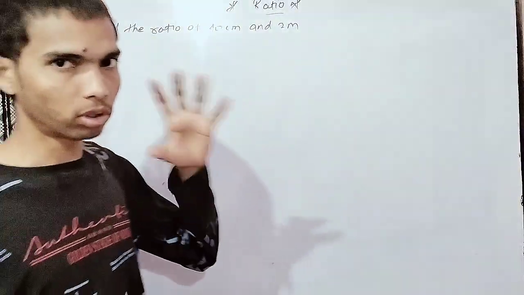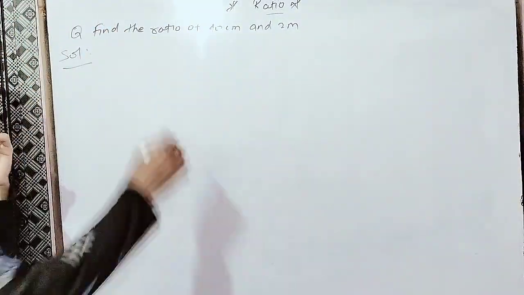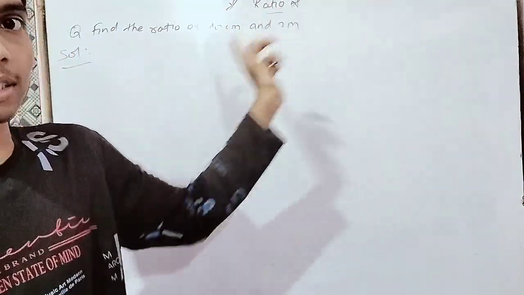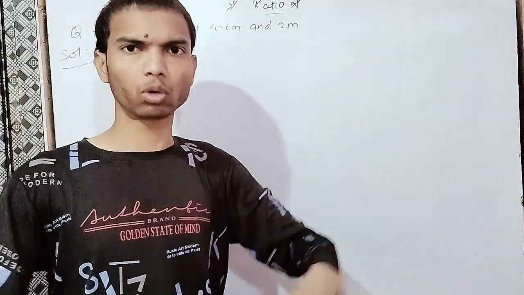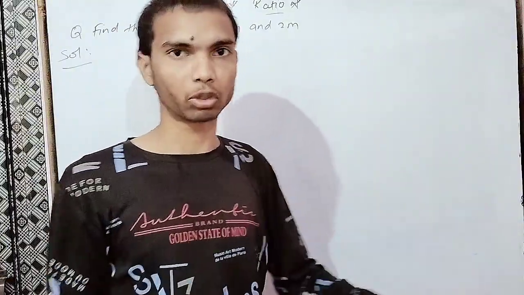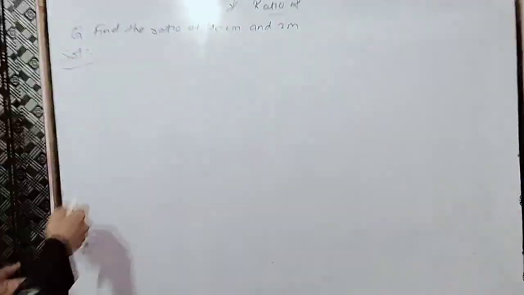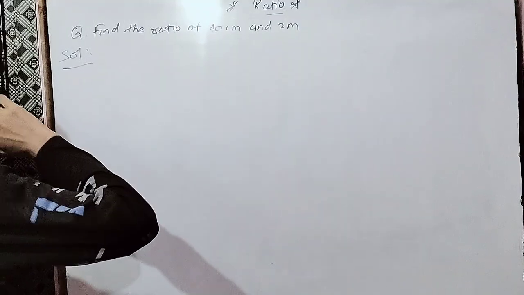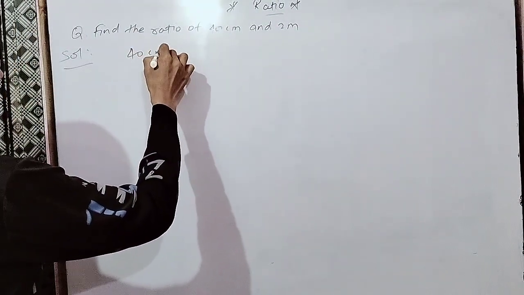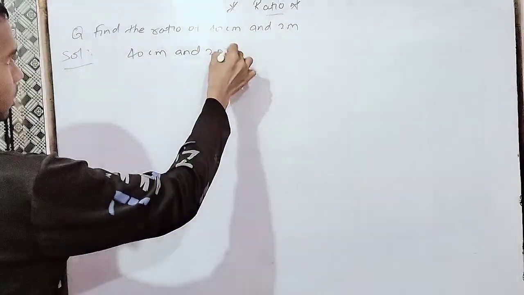We have been given 40 centimeter and 2 meter, and it is saying find the ratio of these. This statement is not saying that 40 centimeter and 2 meter is your ratio. No, we have to convert it into a ratio. What is the ratio of these two quantities? First is 40 centimeter and 2 meter.